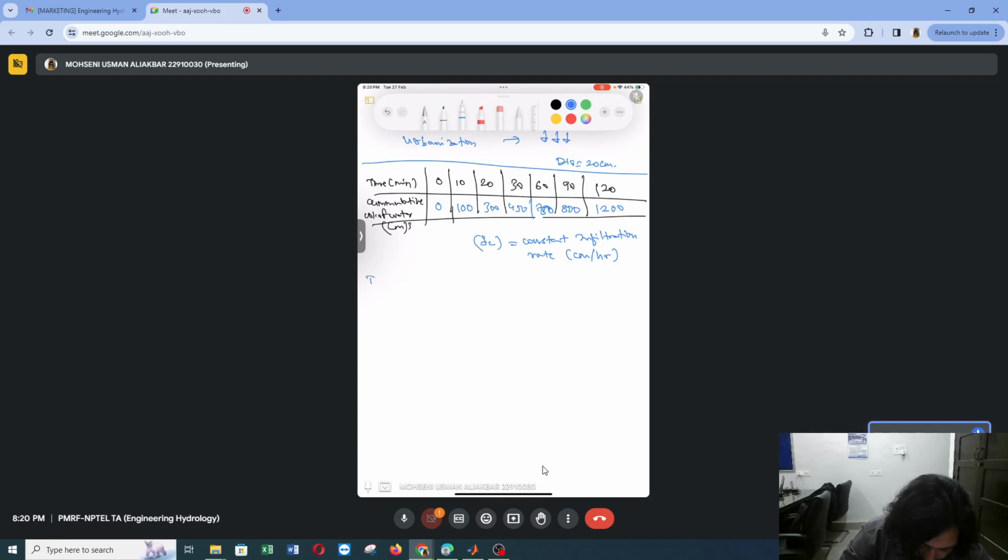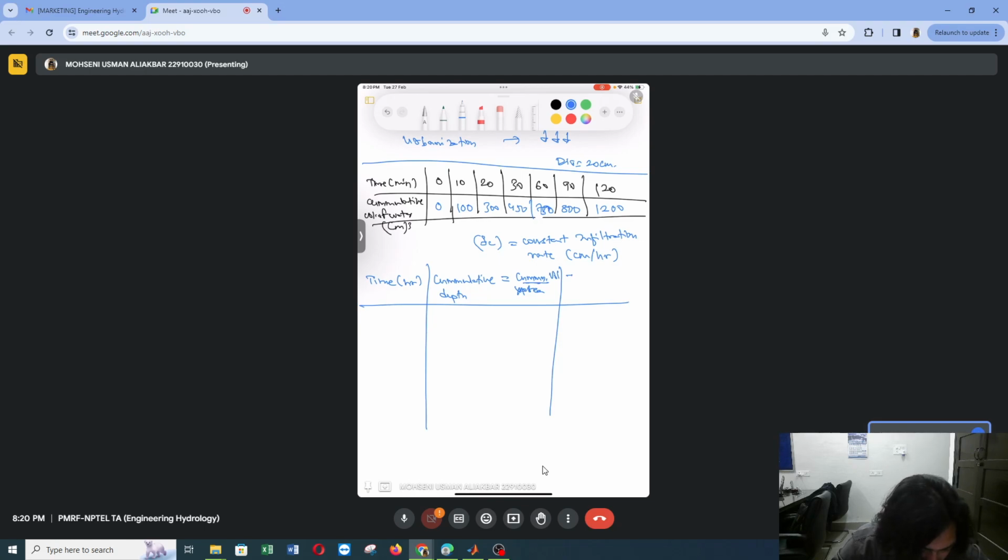So what we are going to do is, first we are going to convert time from minutes to hour. Then we are going to calculate cumulative depth simply by dividing cumulative volume of water with respect to area.